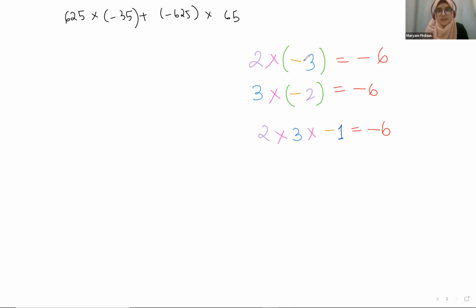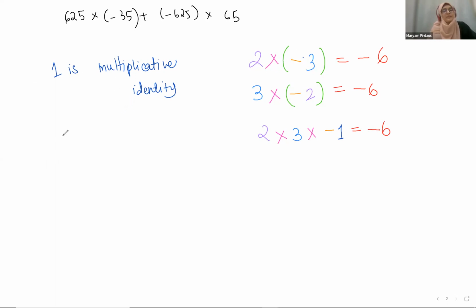It's an invisible 1. Why? Because 1 is known as the multiplicative identity. Have you ever heard of this term? No? Okay, it's there in your chapter, under the heading properties of integers under multiplication. So one is a multiplicative identity.